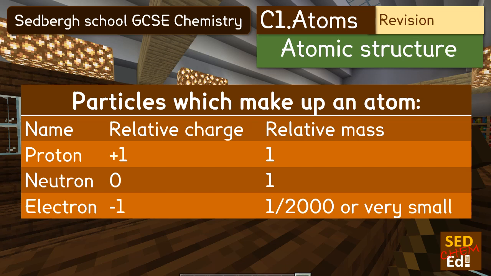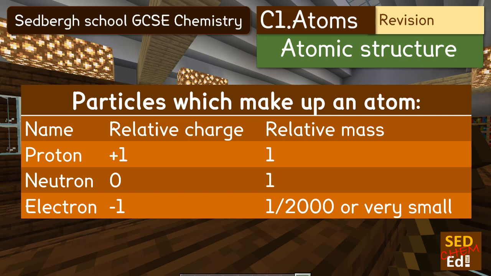Each particle, protons, neutrons, and electrons, have a relative charge and a relative mass. Protons have a charge of +1 and a relative mass of 1. Neutrons are neutral. They have no overall charge, but they do have a mass of 1, and electrons, unlike protons, have a charge of -1.